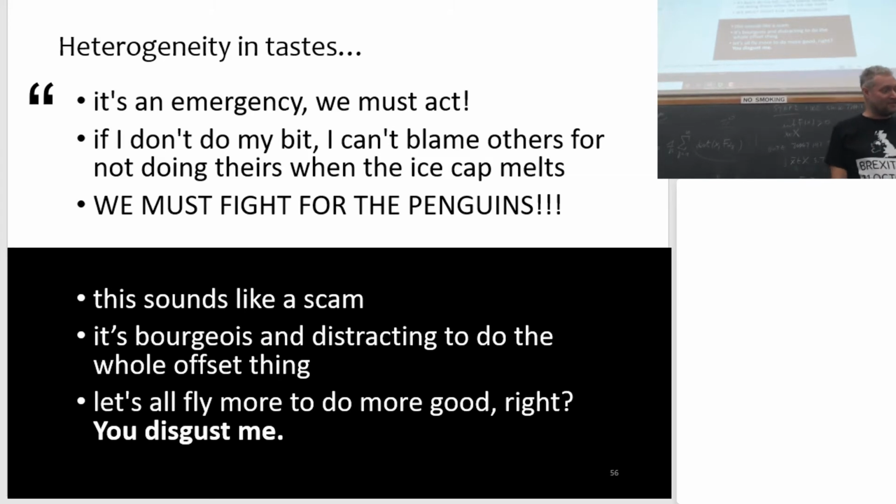And then there's the negative comments as well. This sounds like a scam. It could actually be true. It's not so much British Airways that got into trouble here, but it was KLM, Air France, that got into trouble. They sold carbon offsets, and they bought land in Uganda and planted trees on those lands, and that was a carbon offset, right?